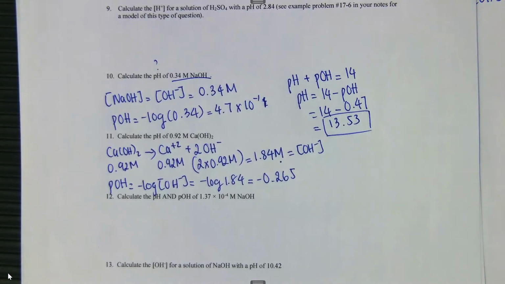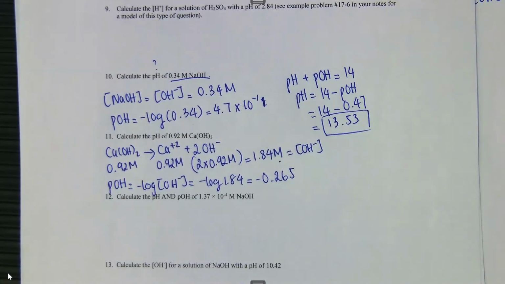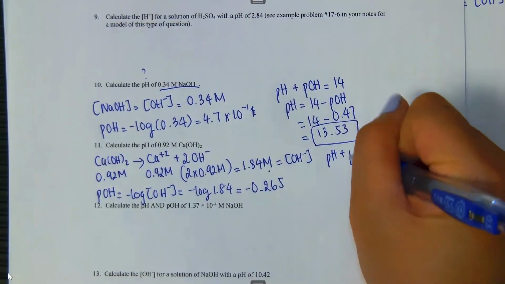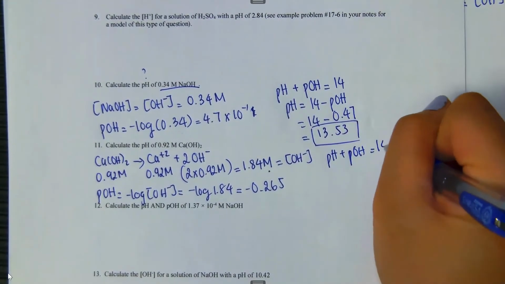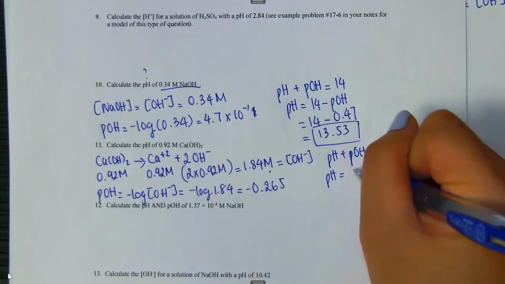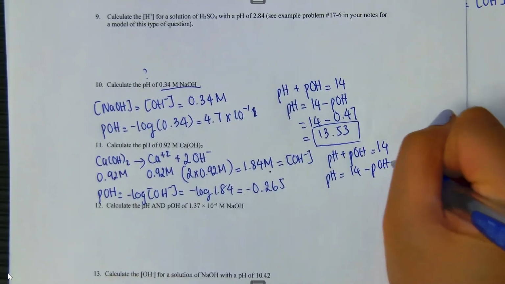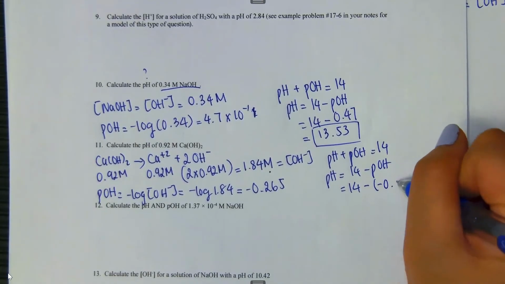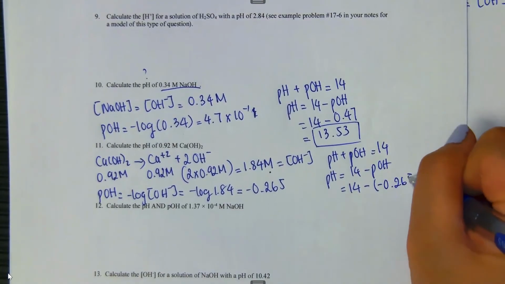I need to do my pH. So pH plus pOH is 14. So pH is 14 minus pOH, which is then 14 minus negative 0.265.